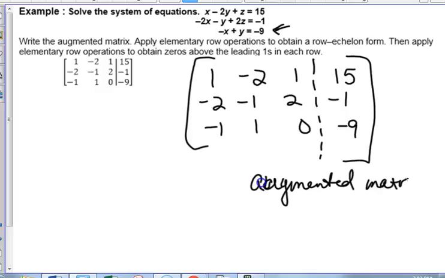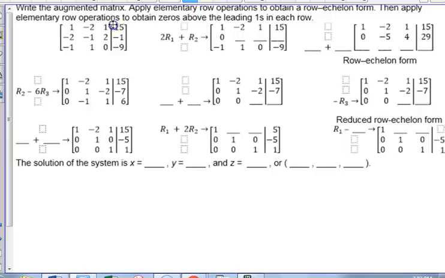Okay. Now, could you do this if I gave you this matrix? Could you fill this in? That's the only thing you have to know how to do for the quiz from this front side of the worksheet. When it says 2 times row 1 added to row 2, the row 2 is what's being replaced. So we copied over row 1, we copied over row 3, and now we're supposed to take 2 times row 1 and add it down to row 2.